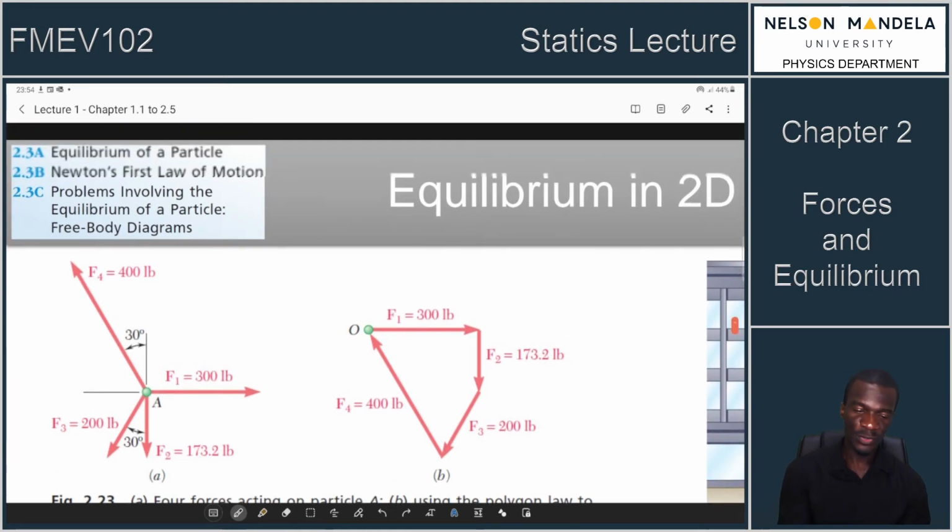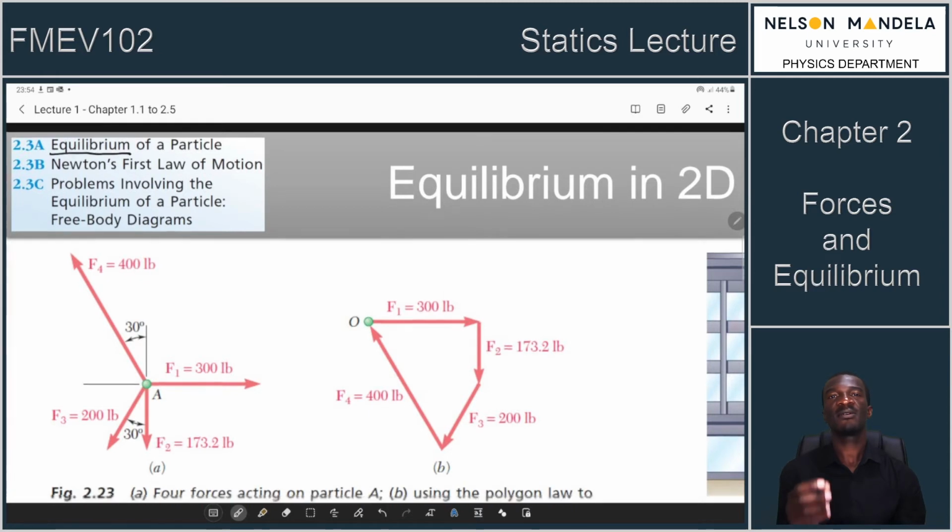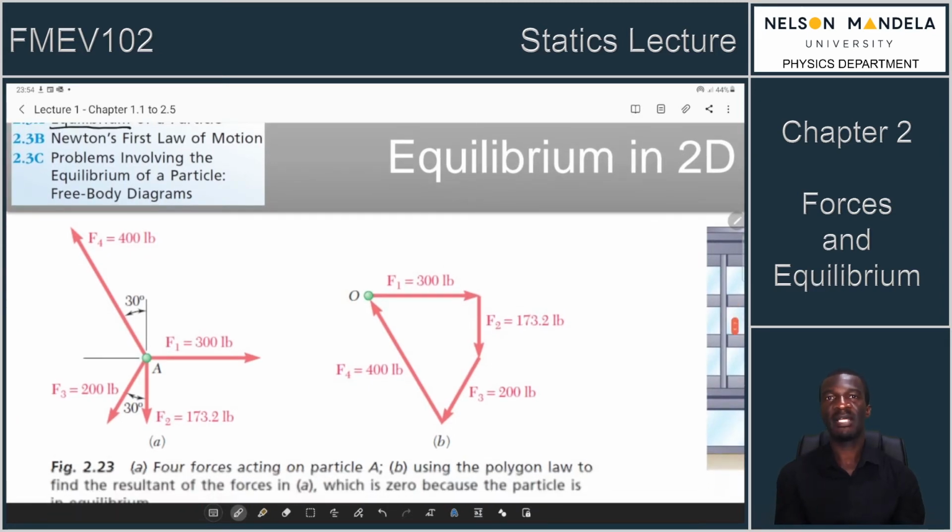So you've got 4 forces acting on it. For you to solve for the equilibrium condition, if an object is in equilibrium, the sum of all forces acting on it is equal to 0. This means by the same decomposition rule that we worked out, we can decompose each force into the x and y directions.